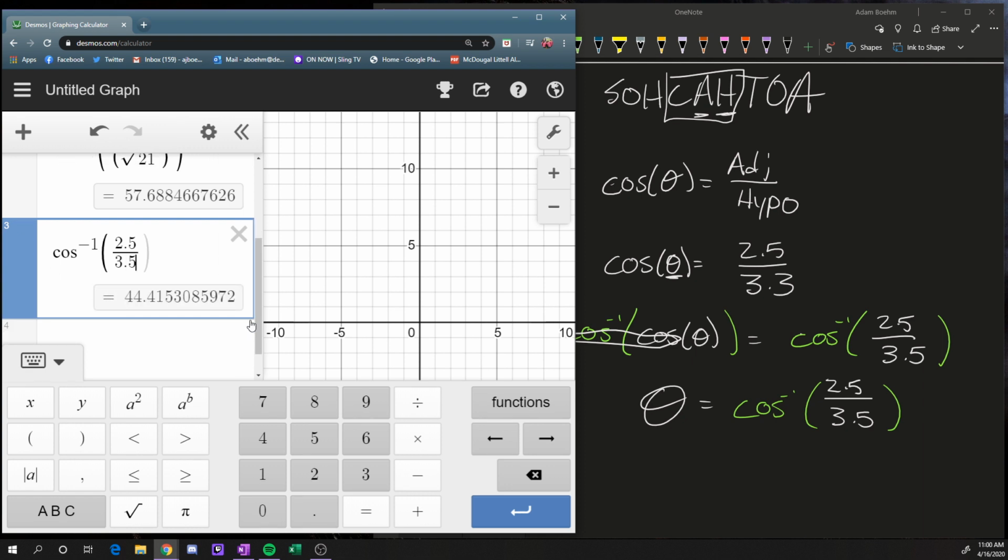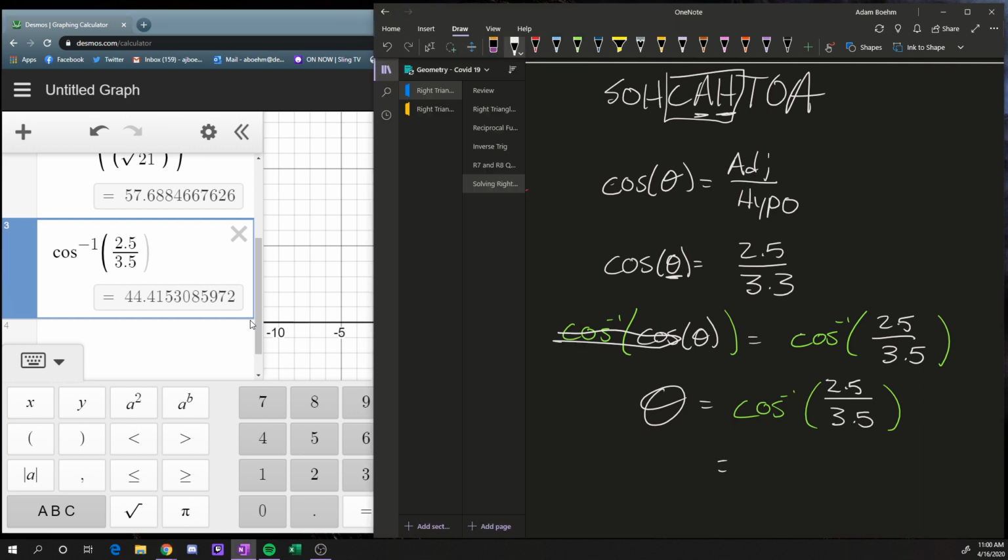So when we do that, we get 44.4 degrees. And then that's our answer. So again, I'll pause there for a second. Are there any questions about anything that I've done?